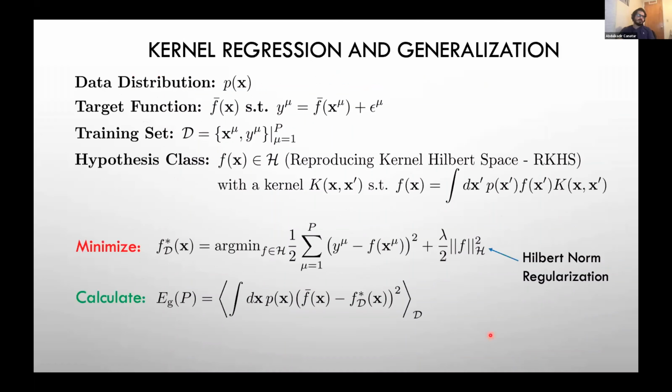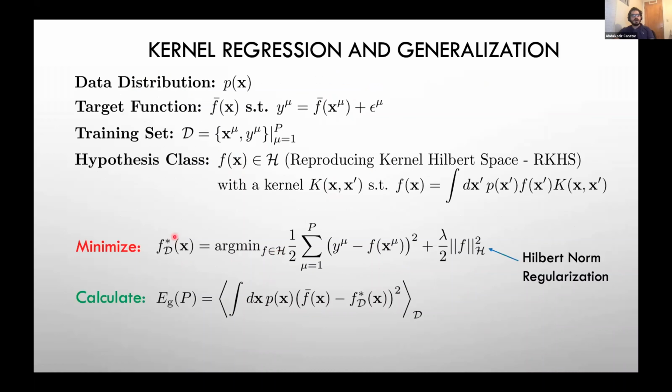Okay, so first I want to quickly introduce kernel regression. We fix a data distribution, and I assume there's a target function such that I pick my labels noisily from this target function. I will create a training set of size P, and I will also fix a hypothesis class, which is called a reproducing kernel Hilbert space with a kernel K. Our aim is to minimize the mean square loss function with a Hilbert norm regularization.